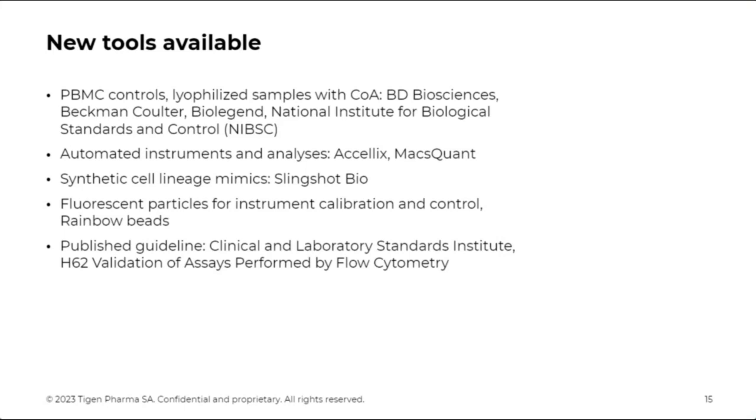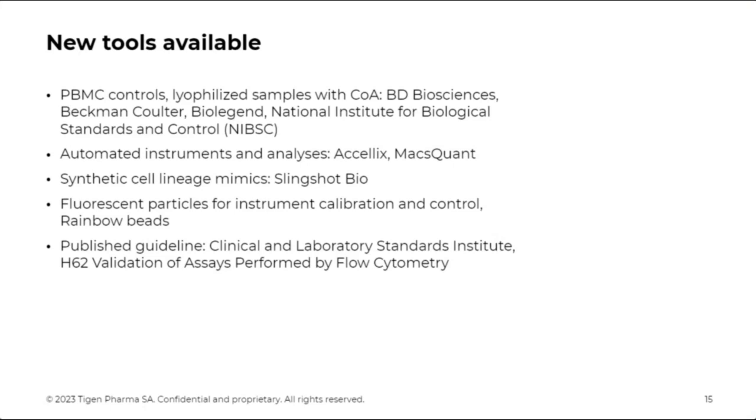Nowadays, there are automated instruments that also come with automated analysis. For example, to mention the Excelix instrument and the MaxQuant instrument. One really useful tool that I find is the synthetic cell lineage mimics from Slingshot Bio. These are synthetic cells, and because they are manufactured, they are always looking the same all the time.